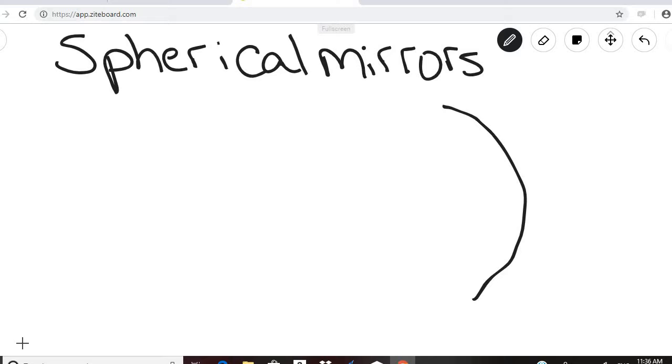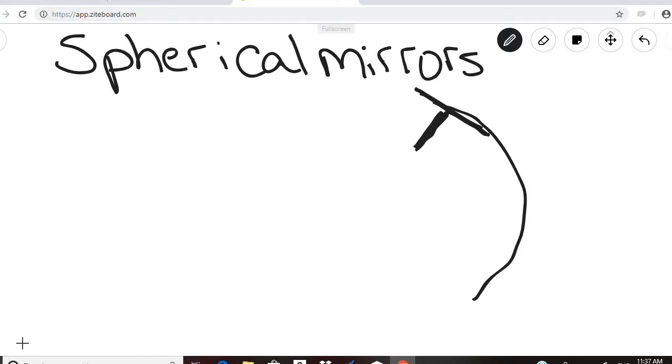So the first thing you're going to have is a tangent line to this curvature, and then there will be a line that is perpendicular to that tangent line, and the angle that is measured is measured relative to this perpendicular line.